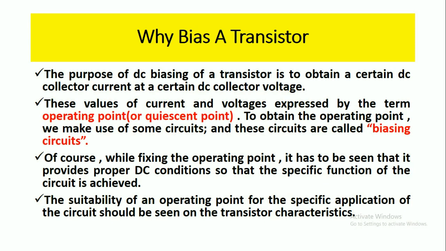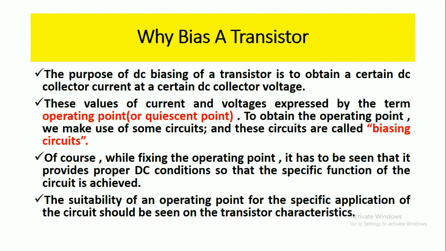To obtain the operating point, we make use of some circuits, and these circuits are called biasing circuits. Of course, while fixing the operating point, it has to be seen that it provides proper DC conditions so that the specific function of the circuit is achieved.